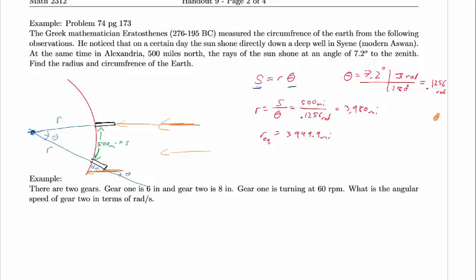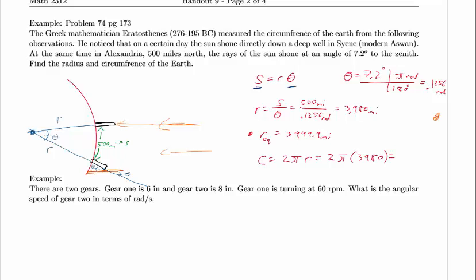Now, to calculate the circumference of the Earth, remember that's just a simple calculation based off what we already know, 2 pi r, and we're doing our own estimate, not the number that we recorded here. So that would be 2 pi times 3,980.